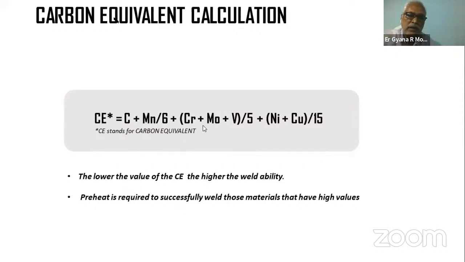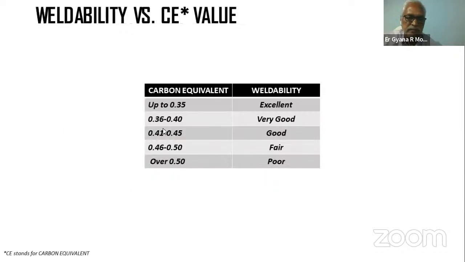This is the calculation, where the percentage of carbon, manganese, chromium, each alloying element is in this empirical formula. On the basis of this, we find out the carbon equivalent, and this predicts how weldable the steel is. As per practice and experience, if carbon equivalent is up to 0.35, the weldability is excellent. And if it goes up, then the weldability is poor.